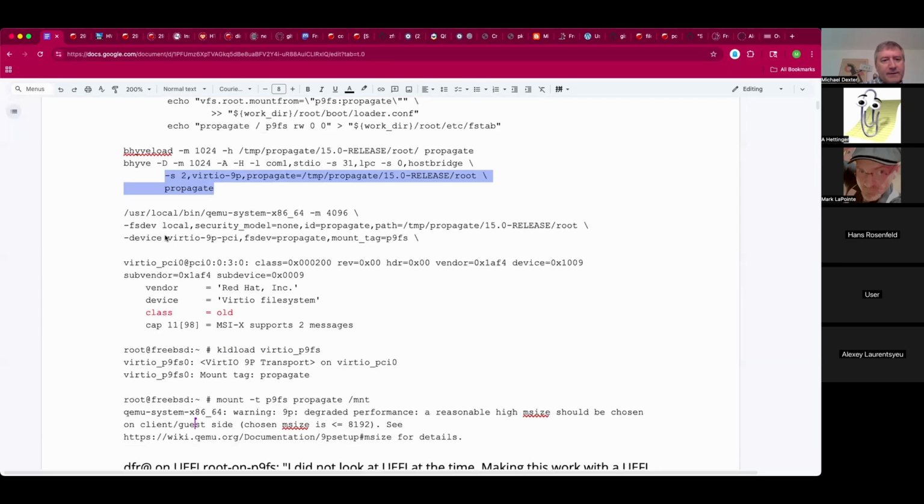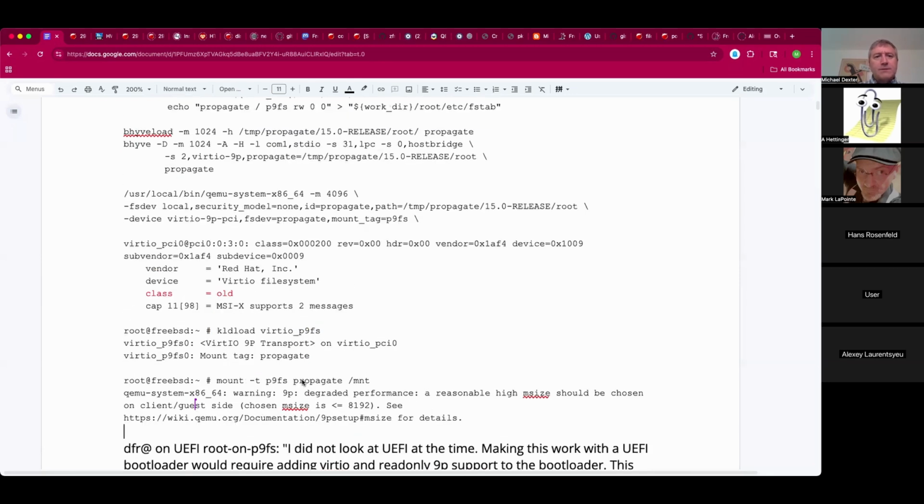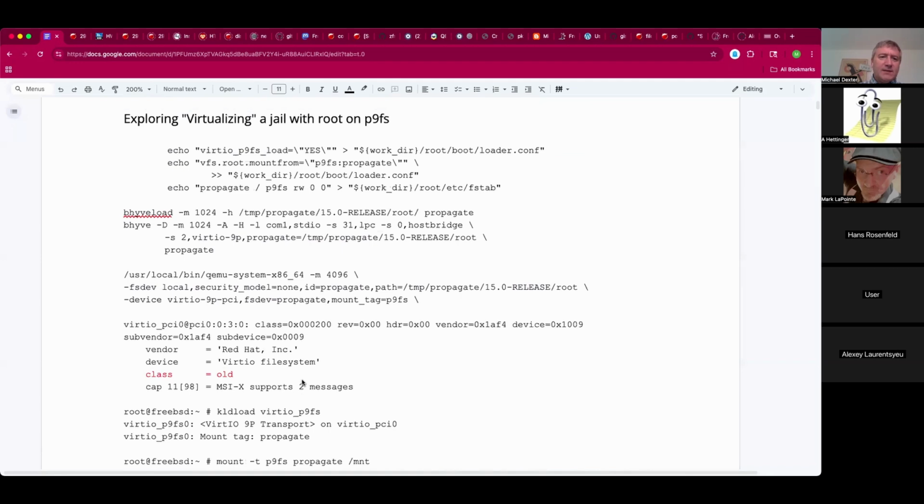Going from there, I thought I'd tinker with QEMU, and indeed it will, without much trouble, allow you to create an fsdev and a device, the exact same path, etc., pass it into the VM, boot the VM off a kernel from the file system, but load the client-side driver, run the mount here, and boom, it gave a warning, but I got a mounted share. So it's niche, but it's working.